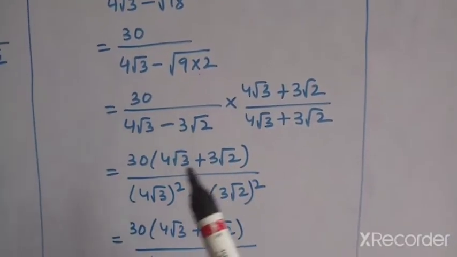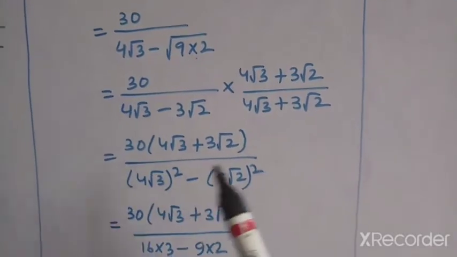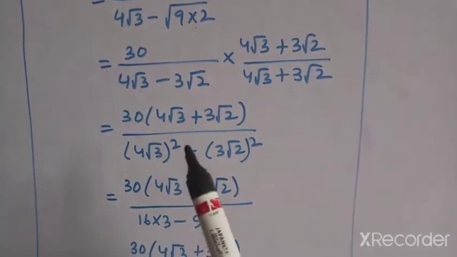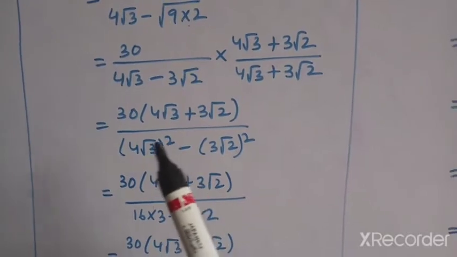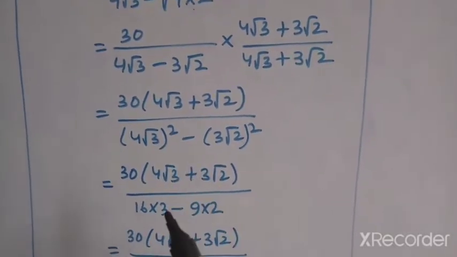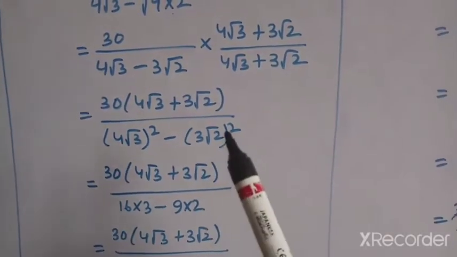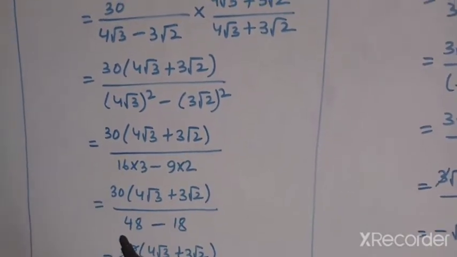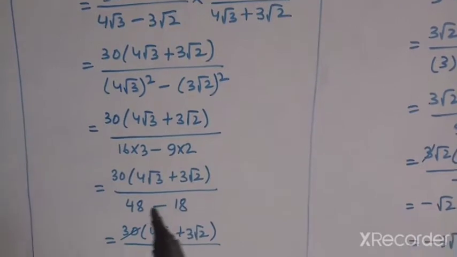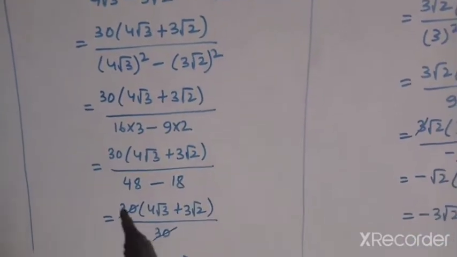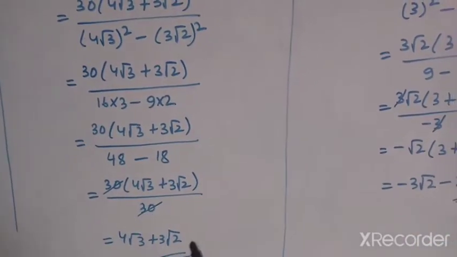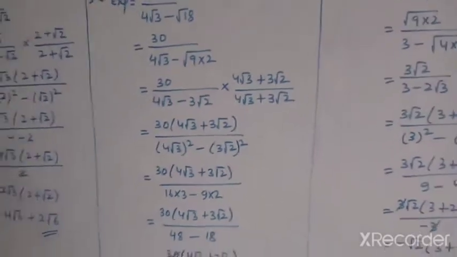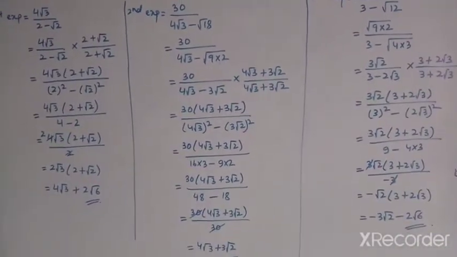So again you need to multiply. Now again this is in the form a square minus b square. This is a mixed surd, so when you square you have to square both. The square of 4 is 16 and the square of root 3 is 3. The square of 3 is 9 and the square of root 2 is 2. 16 threes are 48 and 9 twos are 18. So the numerator remains as it is. 48 minus 18 is 30. So both cancel, and you get 4 root over 3 plus 3 root 2. This is the result that we got from the second expression.